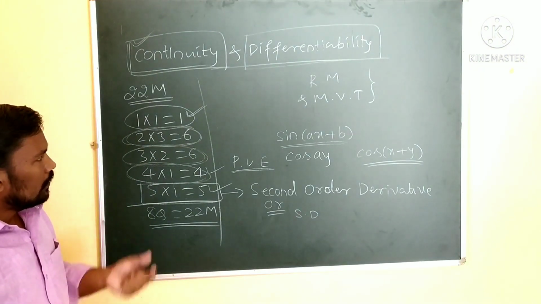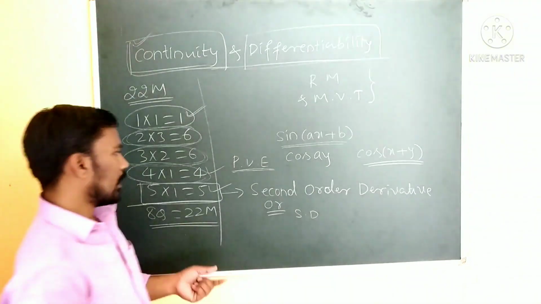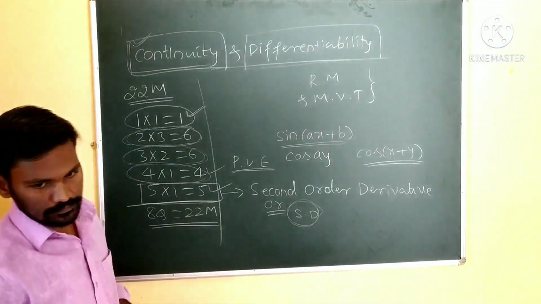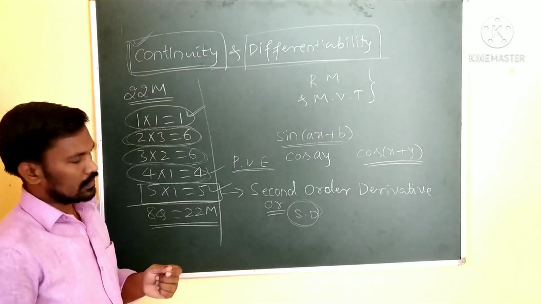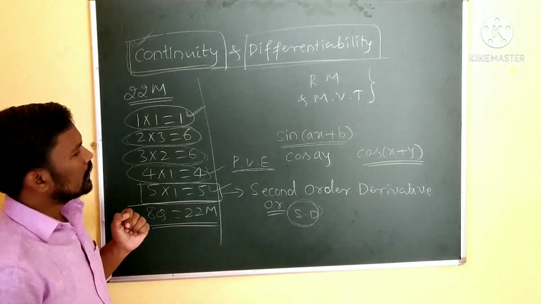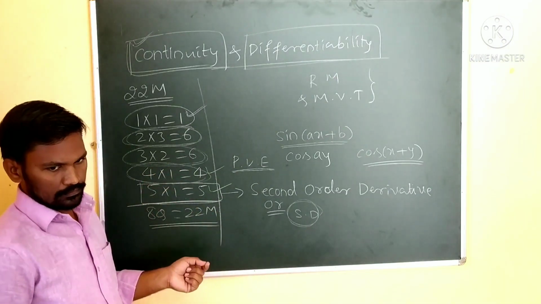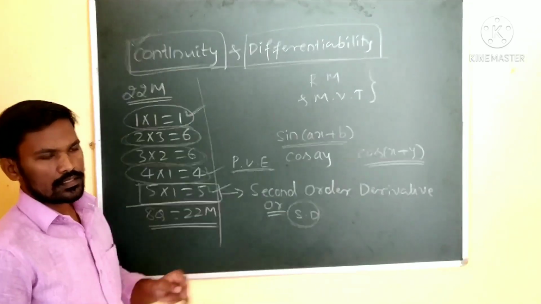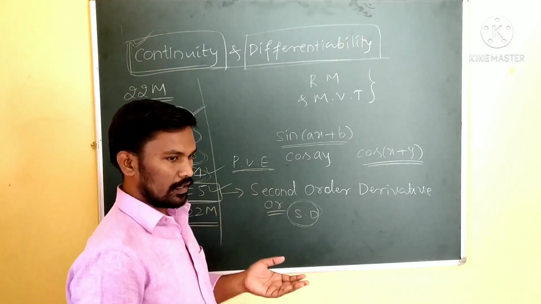In that, in the 2-mark section, they have added one more question from successive differentiation. So successive differentiation is also very important. If you practice around 10 questions, definitely you are going to get 7 marks.